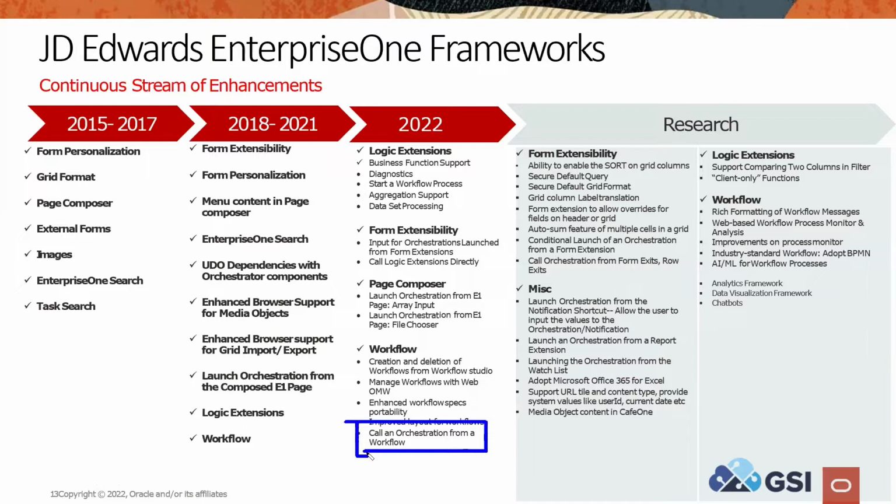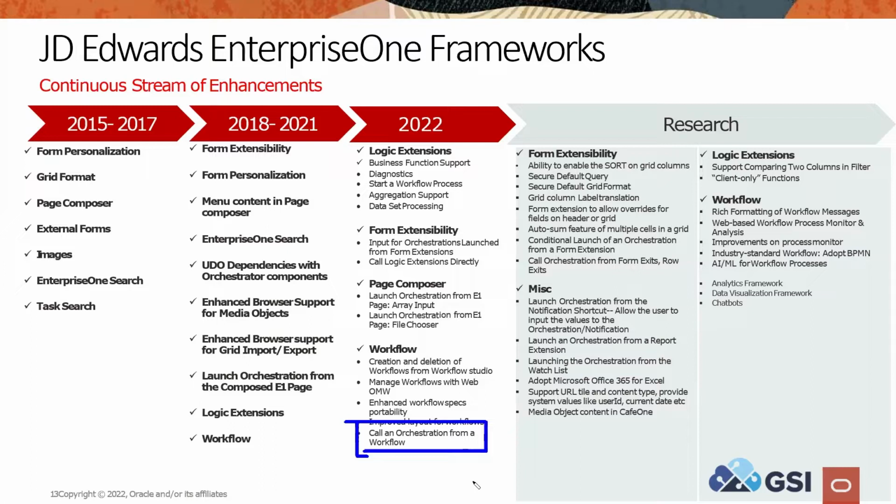I can add and call a workflow from a logic extension, which, if you think about it, gives you the capability to start building an application with workflow, to make a process within JDE.